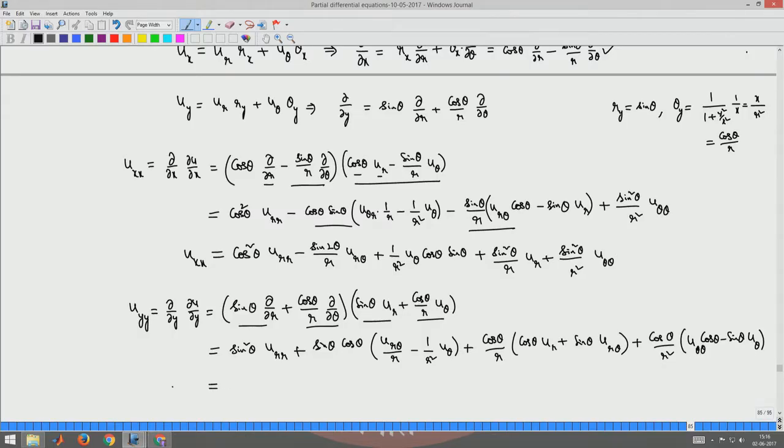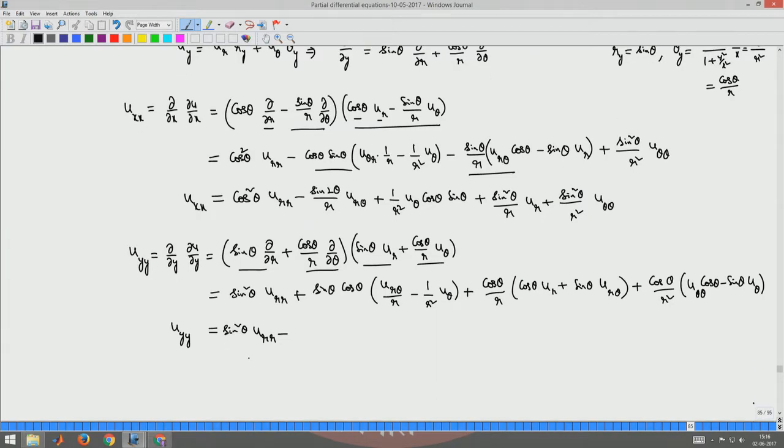So, you finally get u_yy as sin square theta u_rr minus, now look at this, sin theta cos theta and sin theta cos theta, these mixed derivatives, if you add, this will be simply plus sin 2 theta by r u_r theta, and what you have is minus 1 by r square u_theta cos theta sin theta, and here cos square theta by r u_r, and this will be u_theta theta.